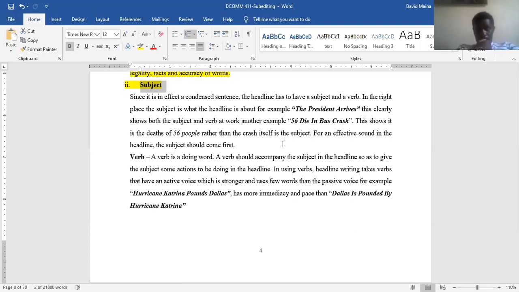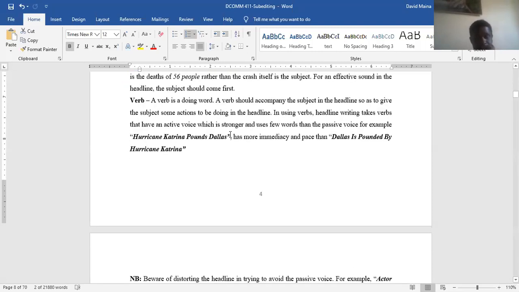Maybe Nation have decided to put their headline about the president, and Standard have decided to write about Waititu. Which newspaper will be bought? Which one will be bought the most? The one with the president headline. Yeah, the one with the president, because the subject is very important.